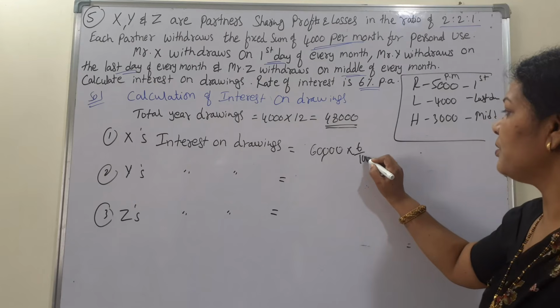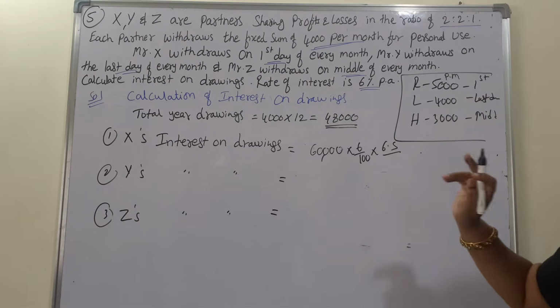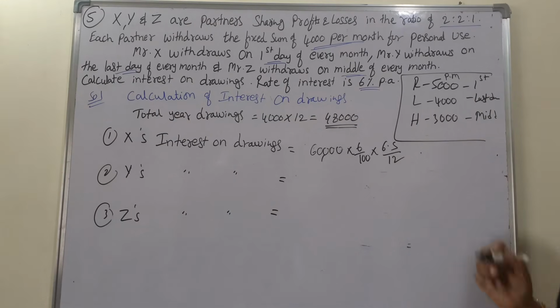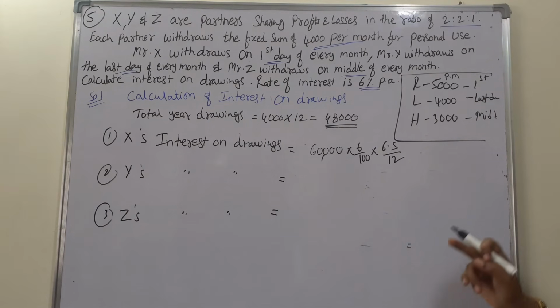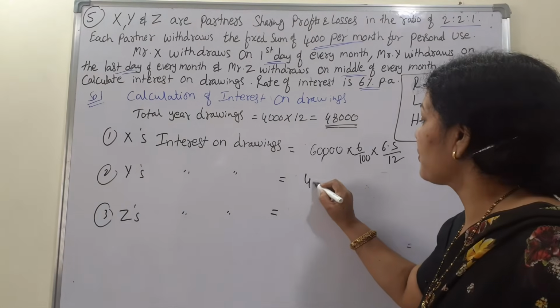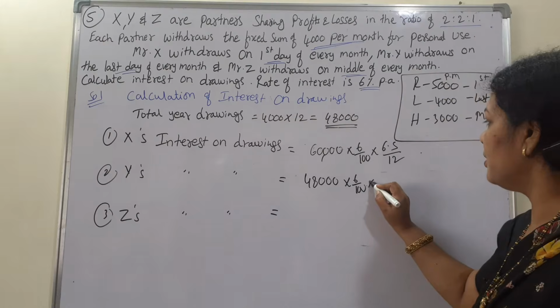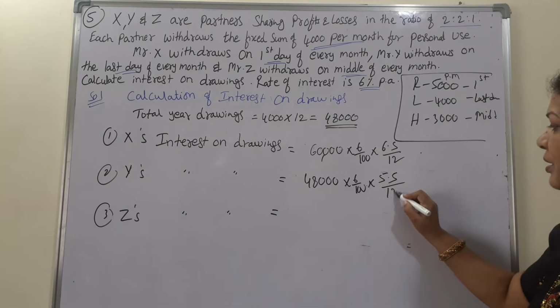60,000 into 6% into 6.5 by 12, because every month on the first day he is withdrawing. And 4,000 for Lakshman: for the full year, 12 fours are 48,000. So 48,000 into 6% into 5.5, because on the last day he is withdrawing.